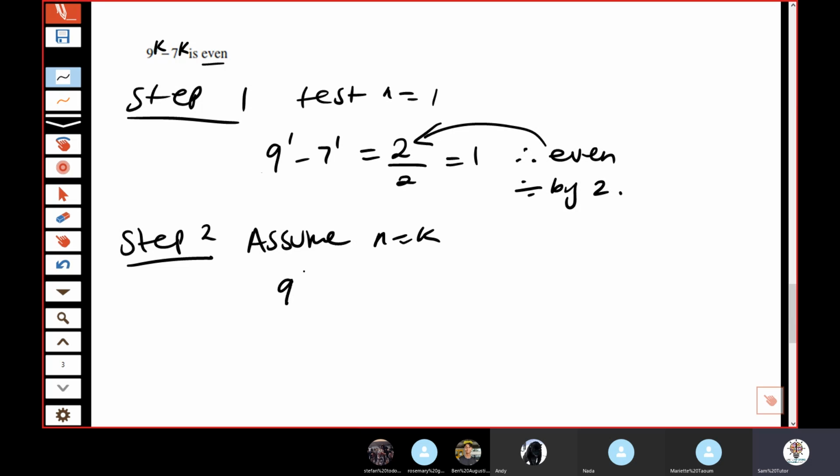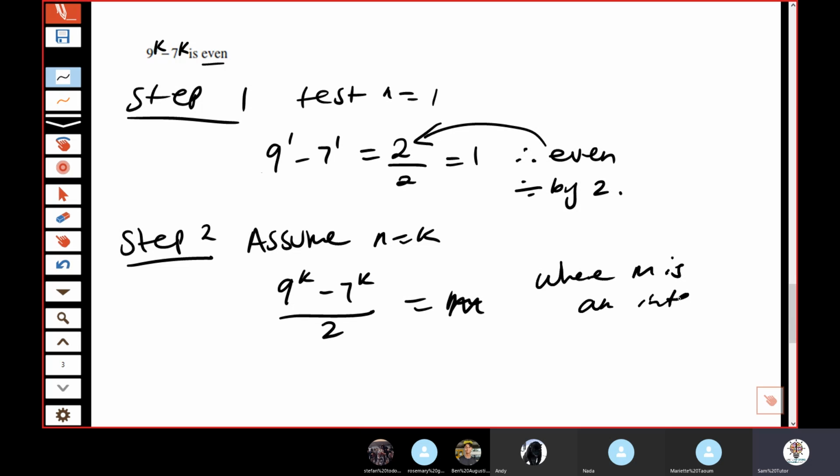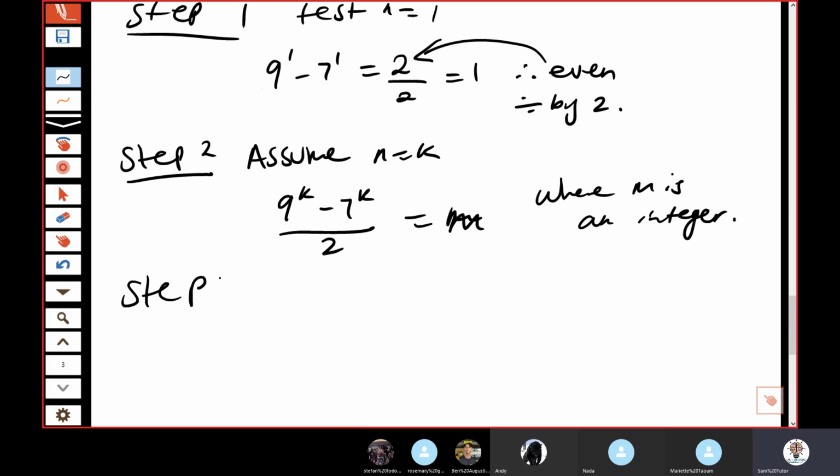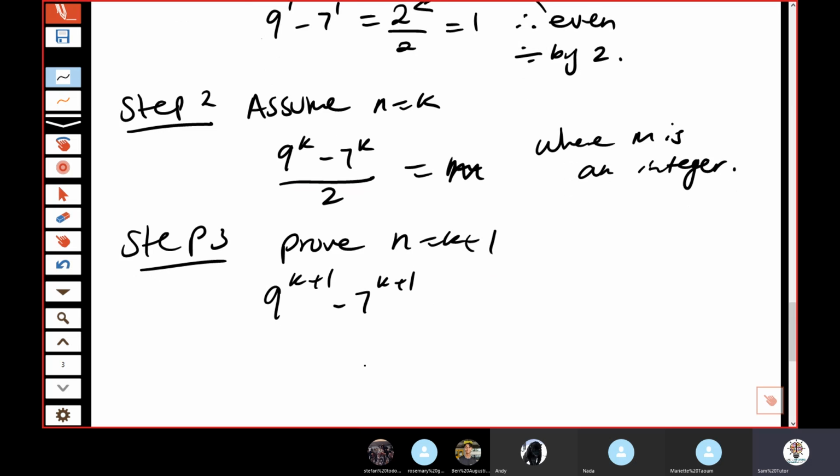So that means (9 to the k minus 7 to the k) over 2 equals m, where m is an integer. Step 3, prove n equals k plus 1: 9 to the k plus 1 minus 7 to the k plus 1. That's it.